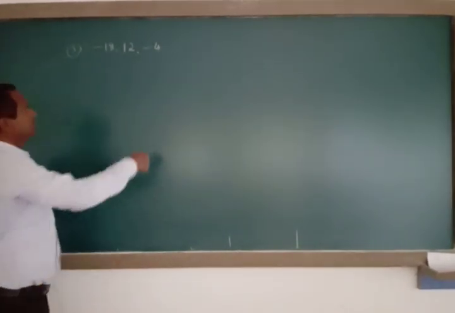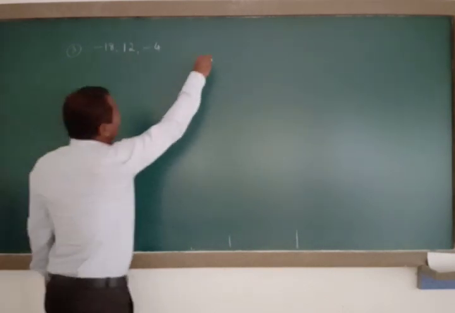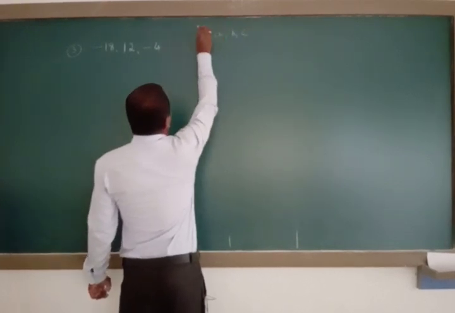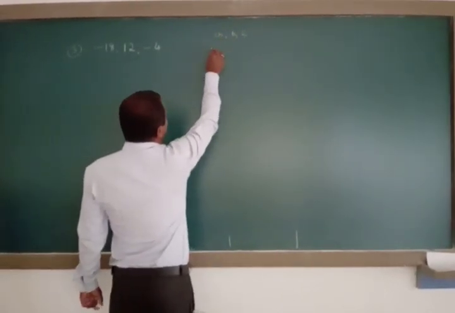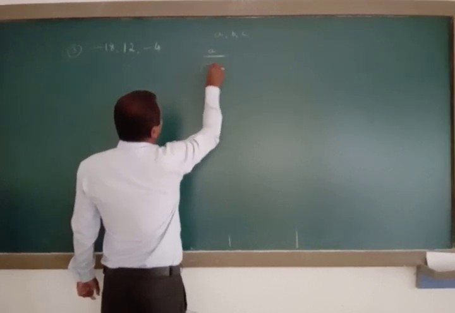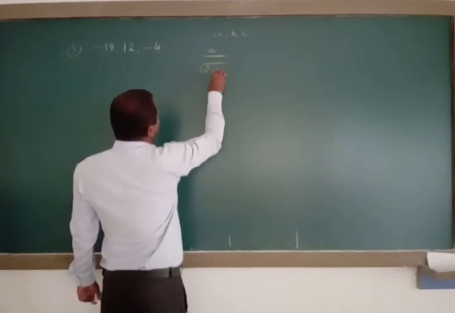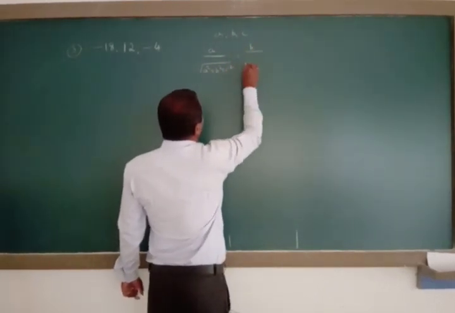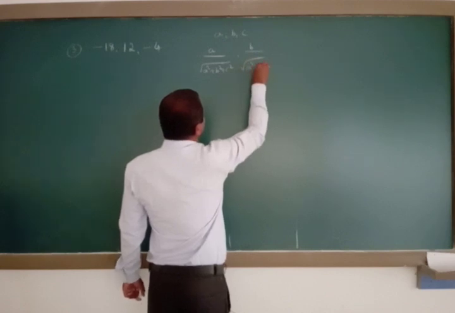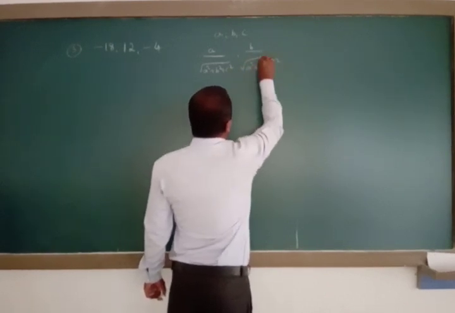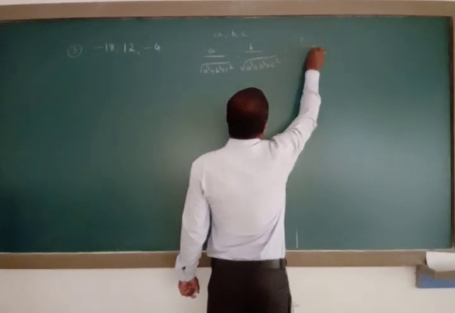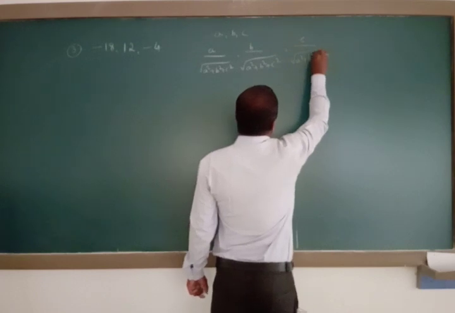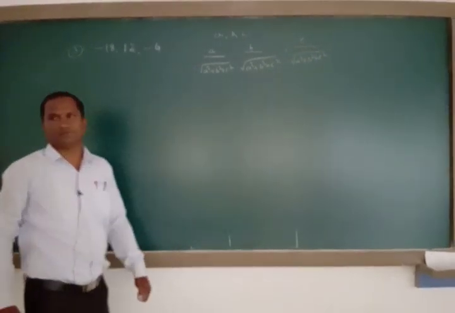See here, I already told one formula: if a, b, c are the direction ratios, then the direction cosines are given by a by square root of a square plus b square plus c square, b by square root of a square plus b square plus c square, c by square root of a square plus b square plus c square. Here we have to apply this formula.